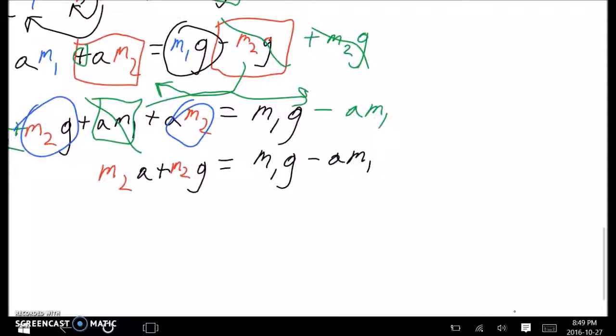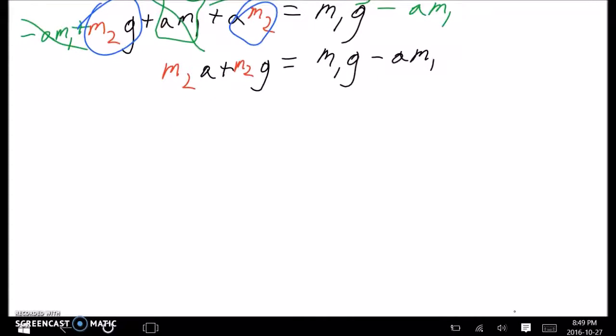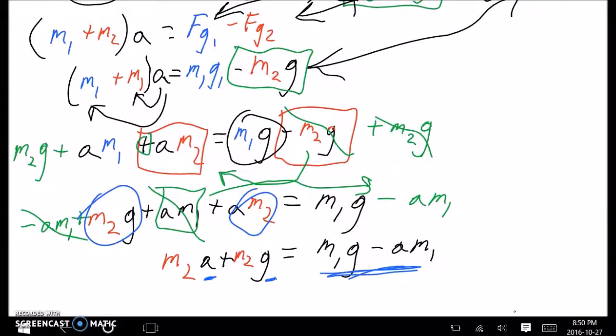And now we have all of our constants on one side, all on the right side, and we have all of our variables on the left side. That's pretty good, but our variables have a couple little minor constants by them, okay? So let's try to get rid of those. Well, remember how earlier we took a and we put it into the brackets?